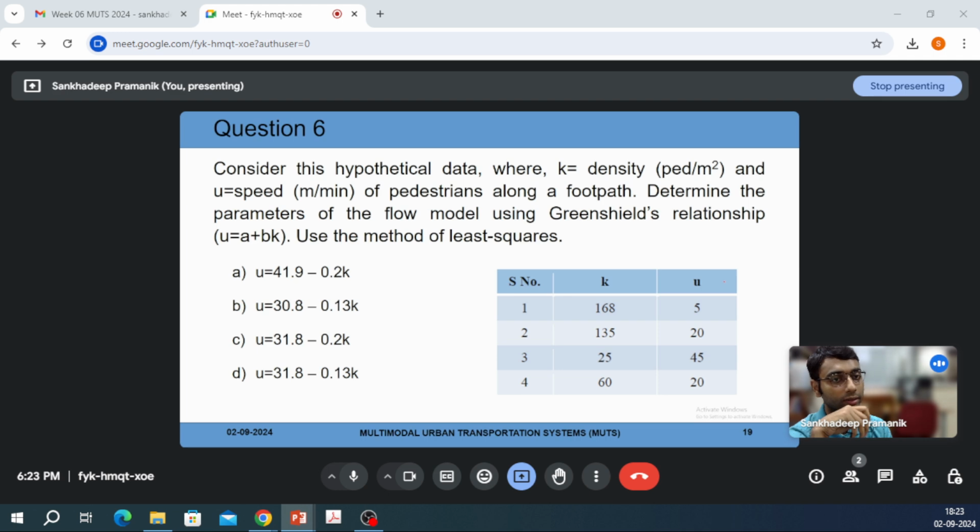The K value and U values are provided and these are the options. You basically need to find this A and B parameter. I'm giving some time, then I will discuss.